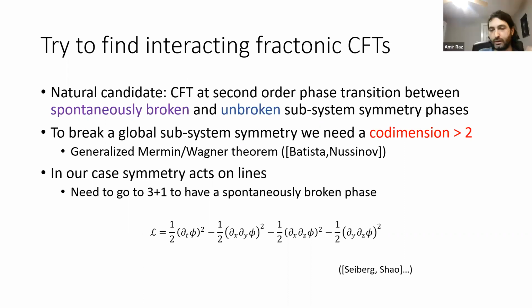Amir, I think codimension was probably the wrong word there, right? You need the symmetry to act on 2 dimensions or more, right? So maybe codimension is the wrong word. Yeah, it's not the codimension. Okay, that's good. I was a little confused by codimension there too. Okay. Thank you. Sorry about that. That's a little inaccurate.